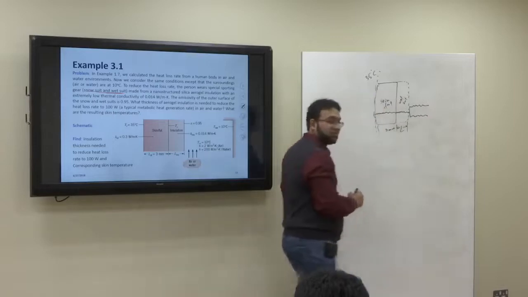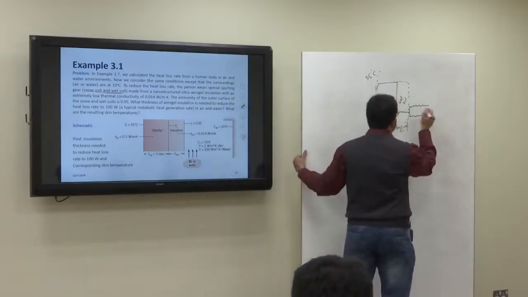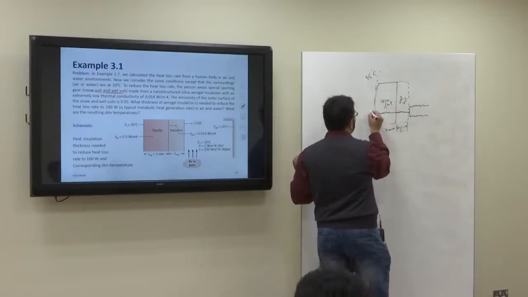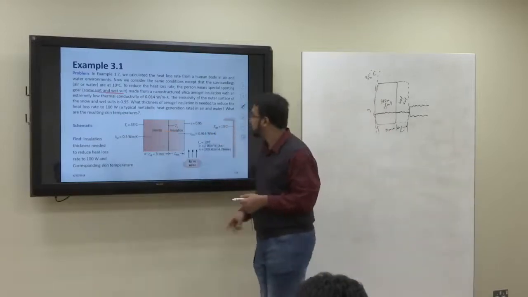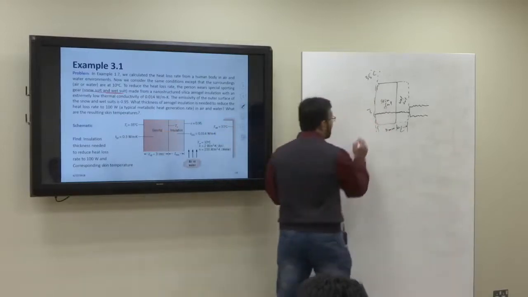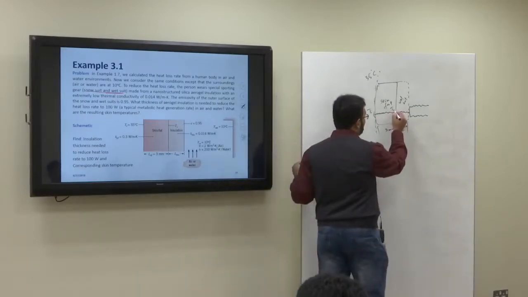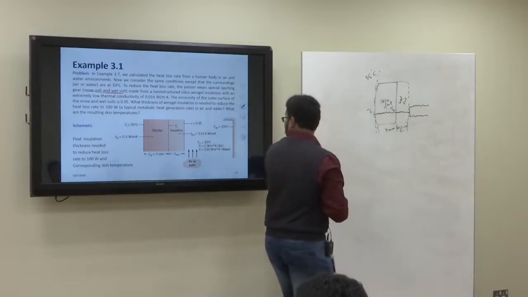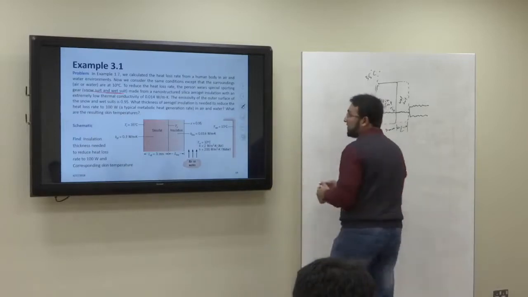Okay, it's like this. It's clear? And now this temperature is known. They call it Ti, T inner, and this is Ts, which is not known, skin.